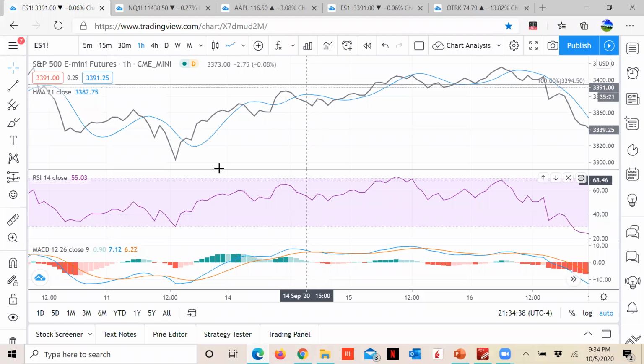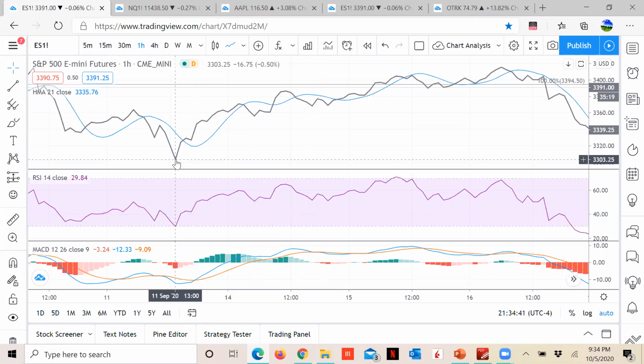Same thing here. The significance is, okay, Anibhai, can you do the math? So this is the head, right? You see the value is 3303.25, right? Yes. The right shoulder is 3330.25.